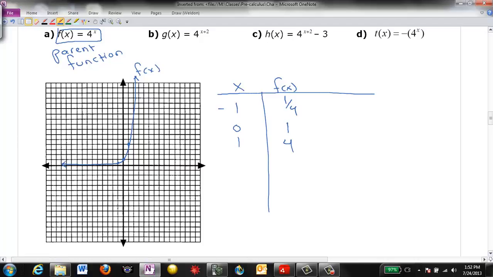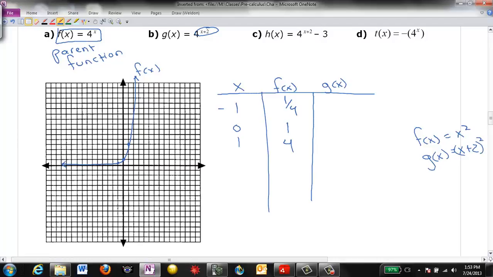And then notice here in part B, the only difference between A and B is in the exponent here. We had an x, and now we have an x plus 2. Right? So I'm going to make another column here, g of x. So notice, what is going to be the difference here? Well, if we go back to our discussion on parabolas, let's say, for instance, we have a parent function of x squared, and I compare that to a function x plus 2 quantity squared, because that's essentially what we're doing here.